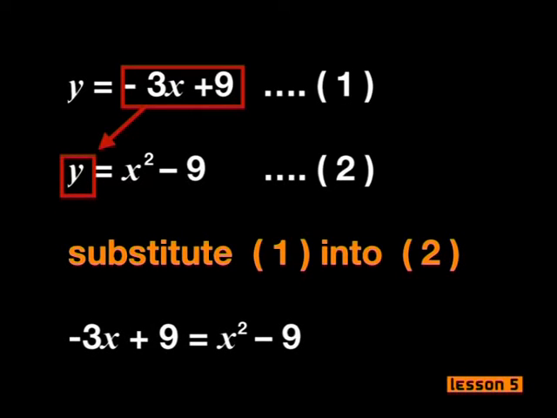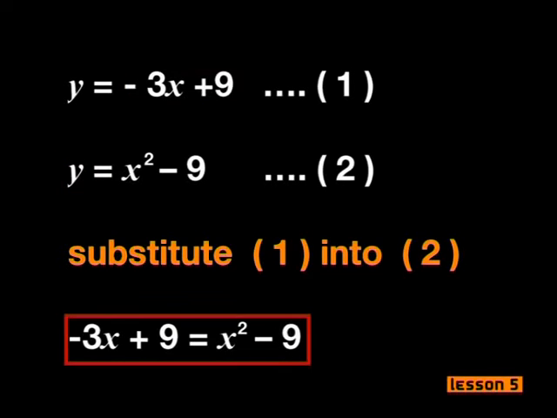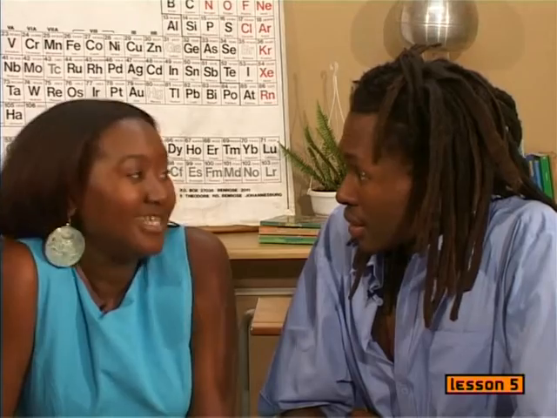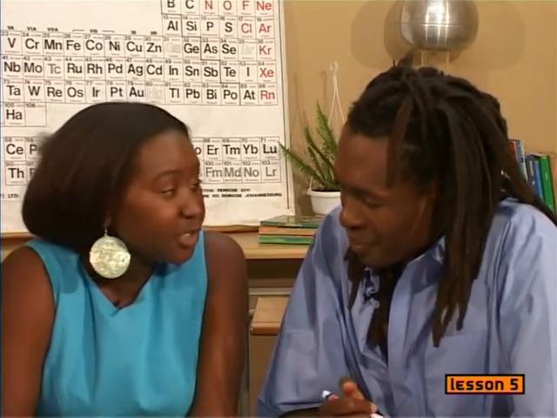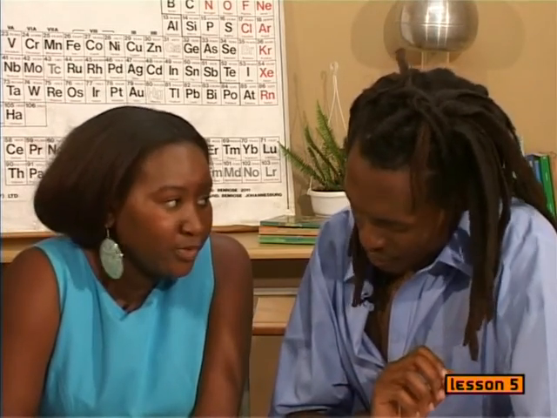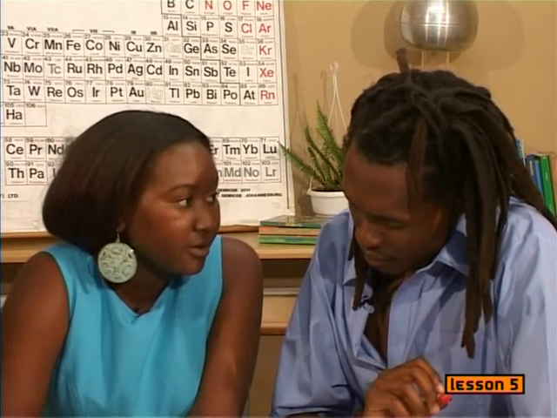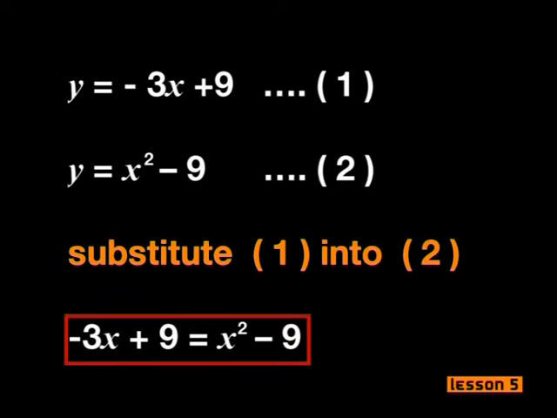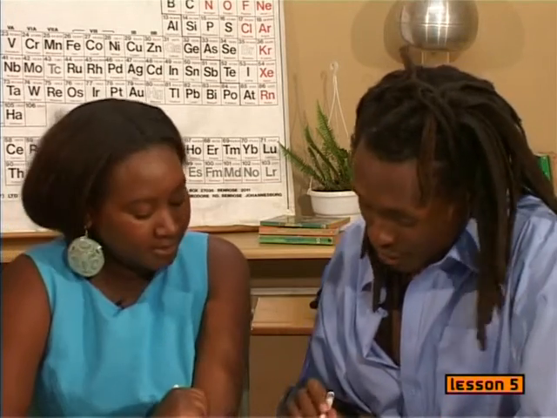So I put the value here where I see y in equation 2. Hold on a sec, there are no y values now. Is that right? Yes, it is, Deboho. By substituting, we eliminate one of the unknowns, in this case, y. This means that we are only left with one unknown, so it will be easy to solve the equation. That's really clever. I think I can solve this now.